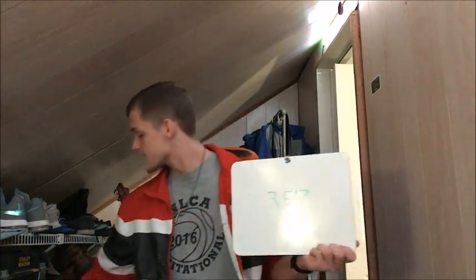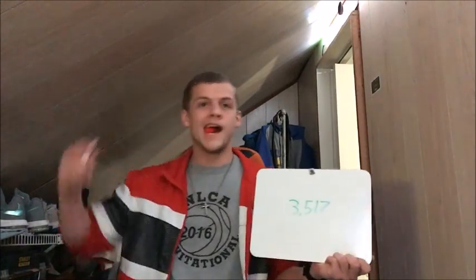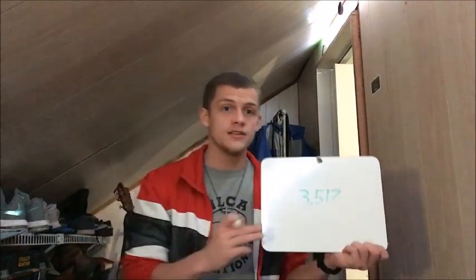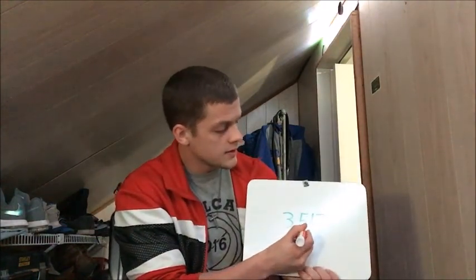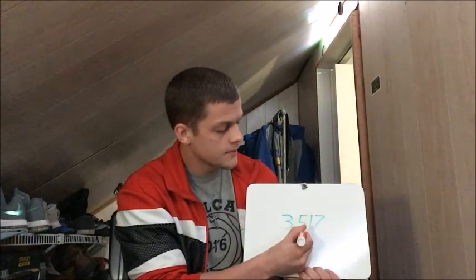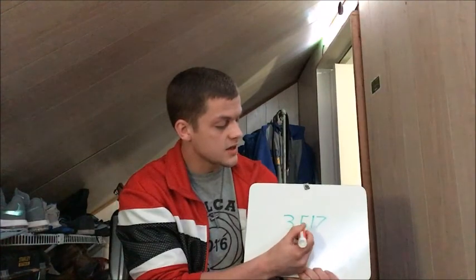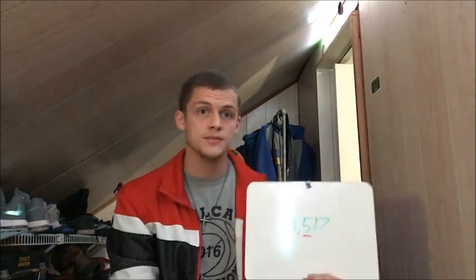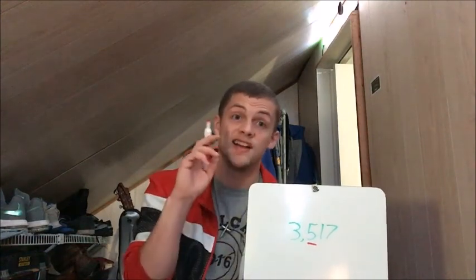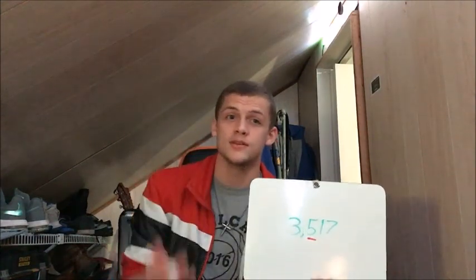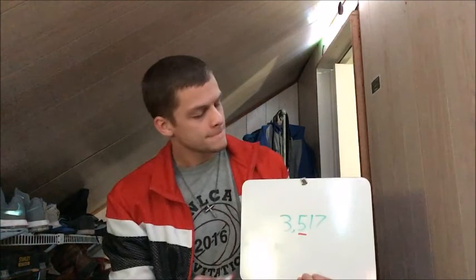Okay? So the first thing I need to do is identify the hundreds place. So the hundreds place would be right here, right? Because ones, tens, hundreds, okay? So that's the place I'm going to round to. So I'm going to underline it. And I'm underlining in red so that it's clear where we are, okay?